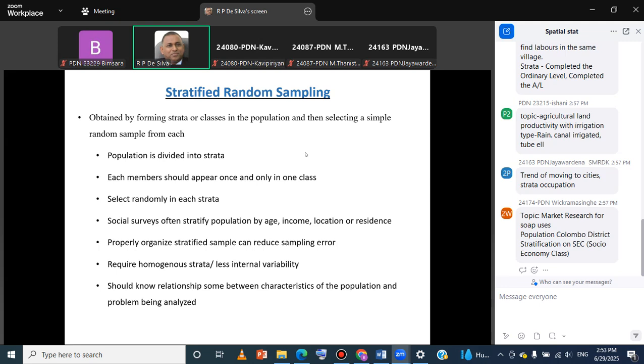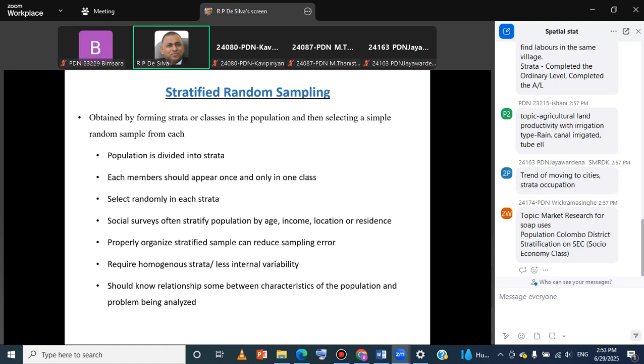Say, for example, it would have been much better if you take taxation purposes. Then you divide residential, commercial, industrial, which has different strata to identify.